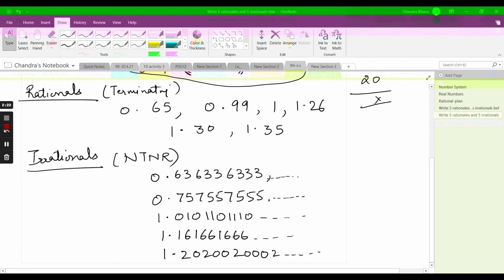So in this manner we can find rationals and irrationals between any two numbers.